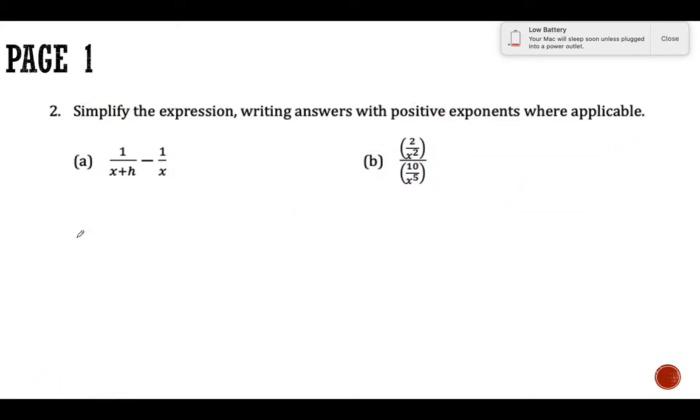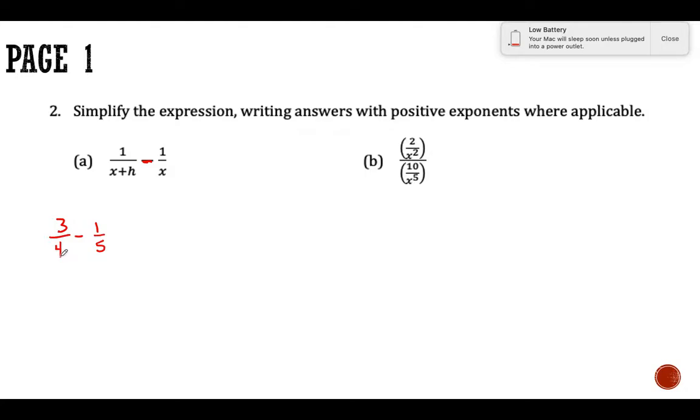So I want you to think about what I'm going to do here, right? This is just, I don't have the complex fractions part, but I have to subtract fractions. How do I subtract fractions? Close. Right? So again, if you had something like 3/4 minus 1/5, how would you get a common denominator?